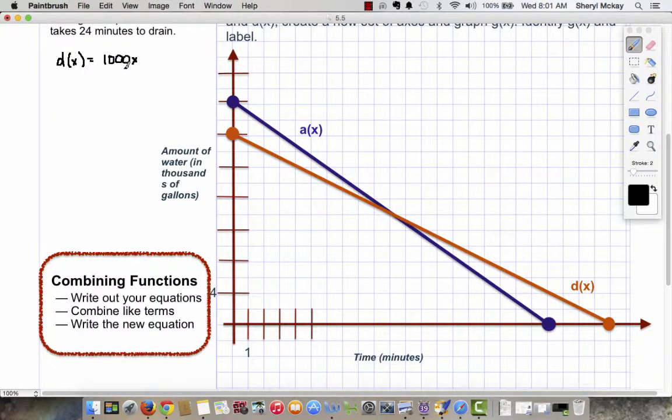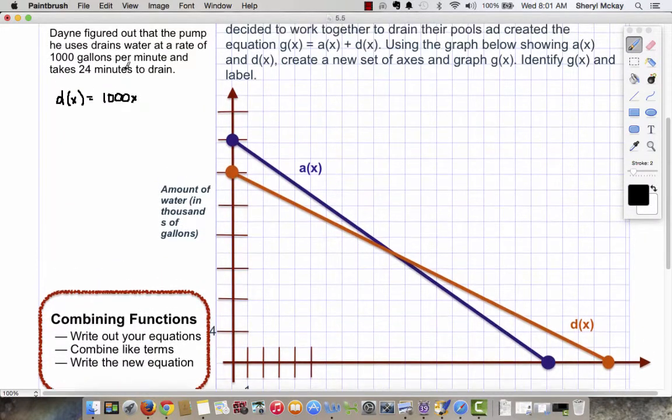So the question is, how much water is in Dane's pool? Because we know that it took 24 minutes to drain. Well, I can figure that out by replacing x with 24 minutes.